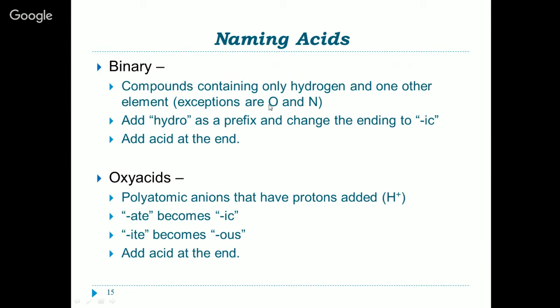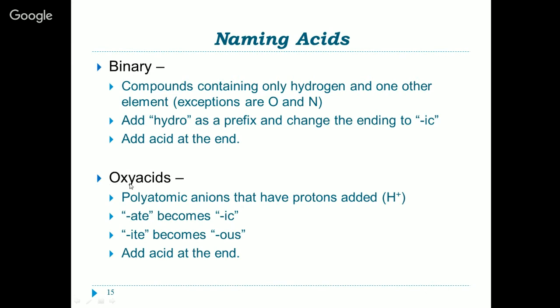Because hydrogen and oxygen form water, hydrogen and nitrogen form ammonia, water is neutral, ammonia is a base. So once I've added my hydro, changed the ending to -ic, I simply say acid at the end. So HCl is hydrochloric acid. HBr, hydrobromic acid. H2S, I only have hydrogen and sulfur, so I say hydrosulfuric acid.